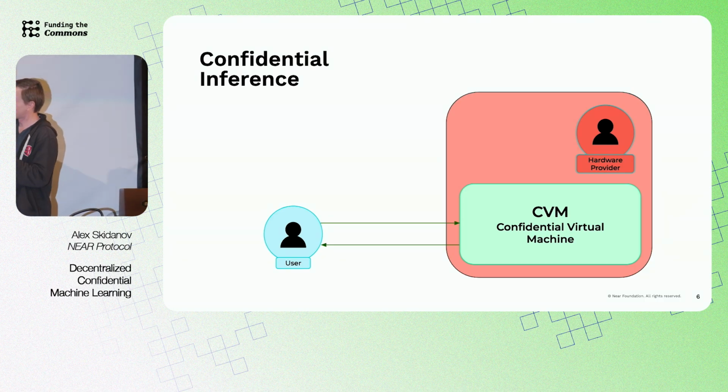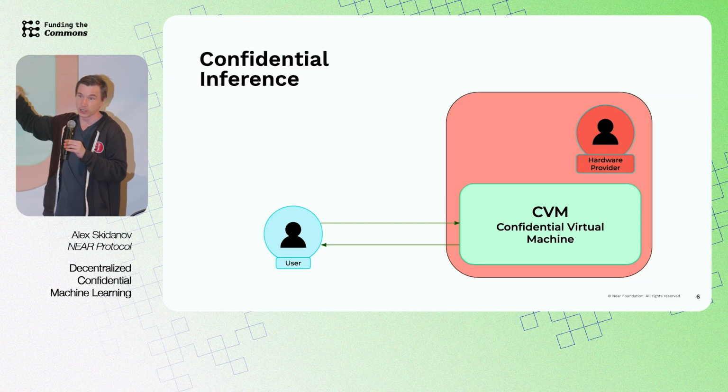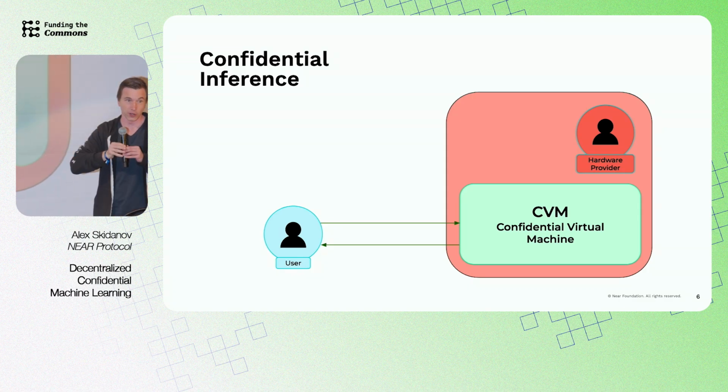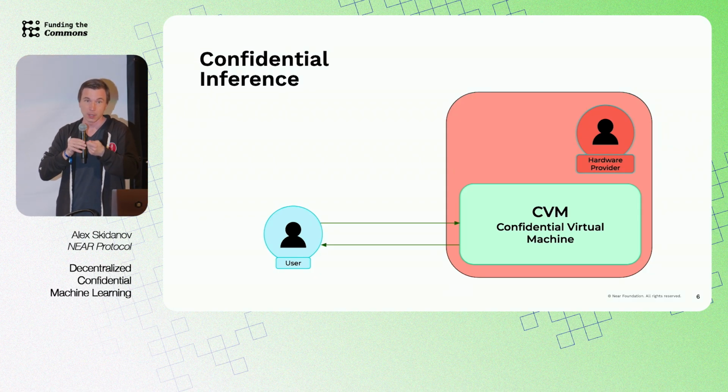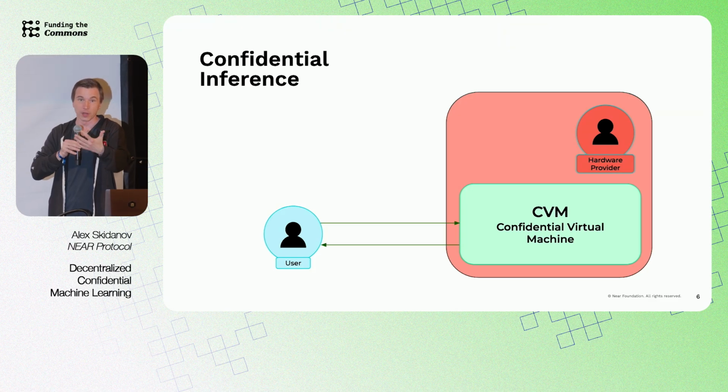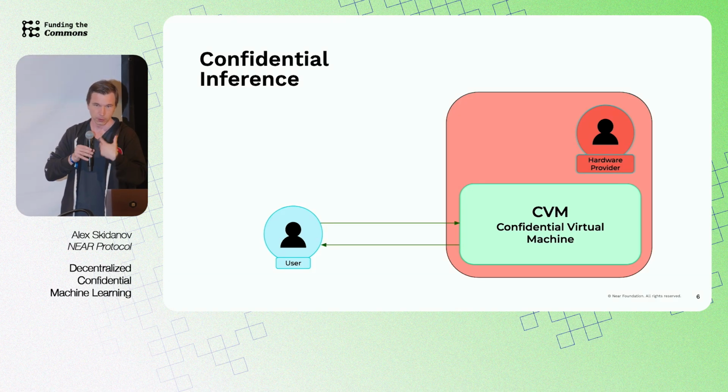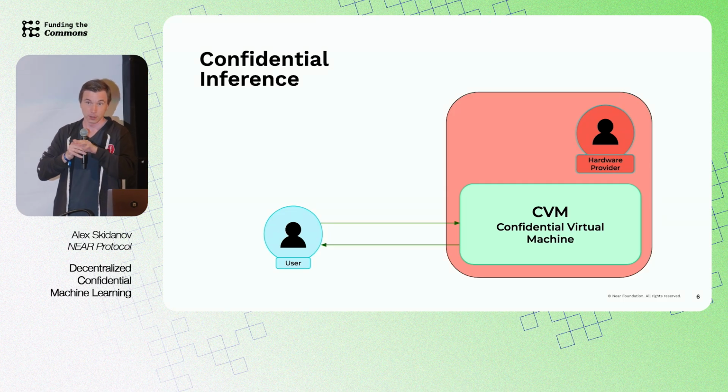The hardware provider just runs vLLM or any other open source framework that does inference on their machine inside of the TEE. I connect to it. I know my connection is secure. I know the code is running inside of the TEE, so it's safe for me to send my query and get my response. I know that neither my prompt nor responses nor the actual computation can be seen by the owner of the hardware.